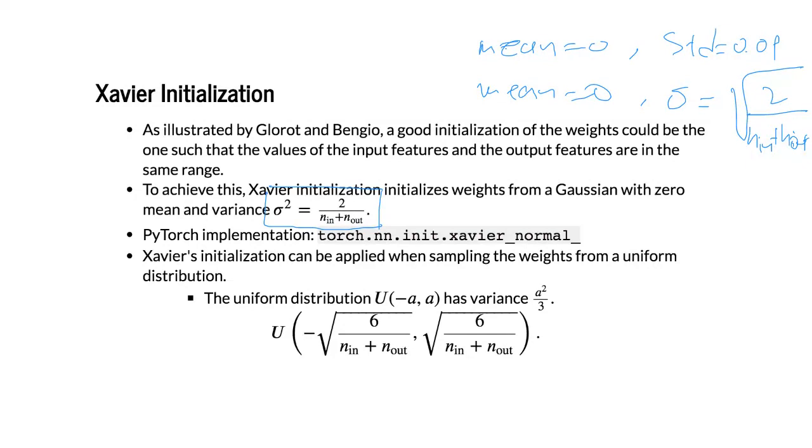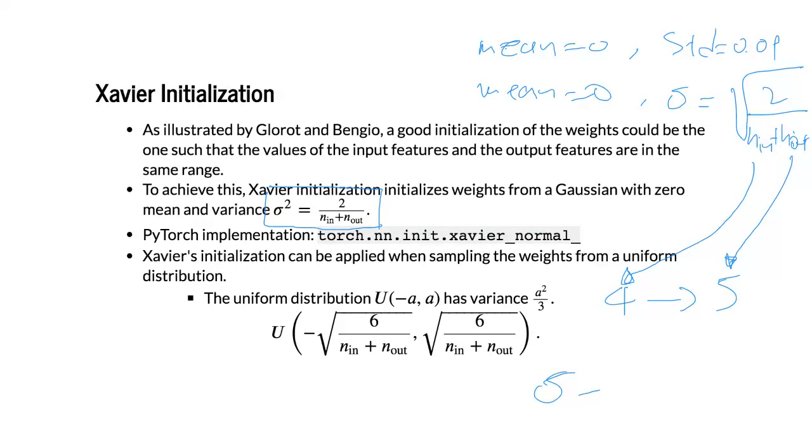So if you remember, for our single hidden layer MLP of the previous example, our first layer was going from 4 features to 5 features, okay? So the number of inputs is going to be 4 and the number of output features is going to be 5, okay?